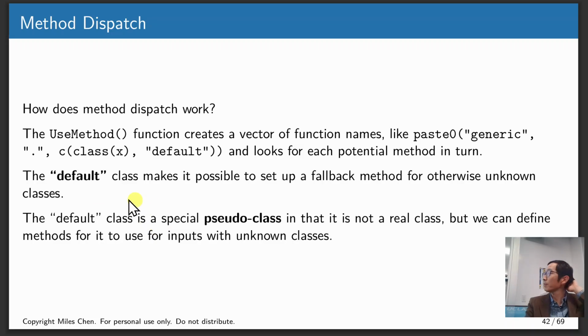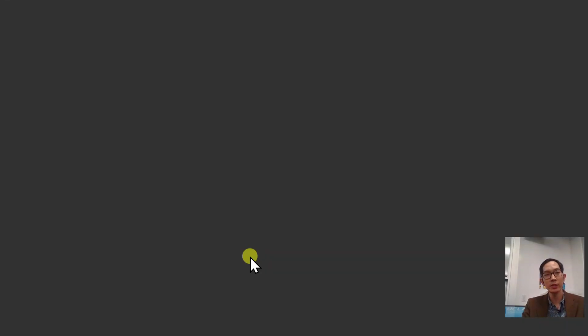If it can't find a specific class name, then it's going to fall back on .default. So if it's looking for quotation.fruit and it can't find that, it'll fall back on quotation.default. Almost every generic function will have a something.default, and that's what it's going to fall back on.